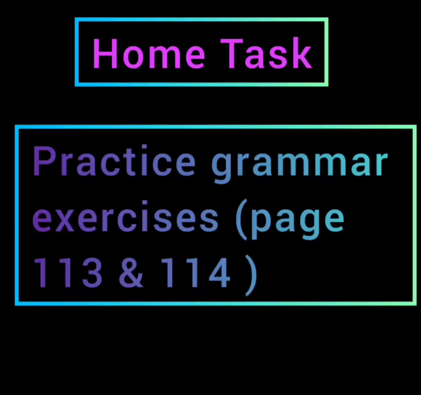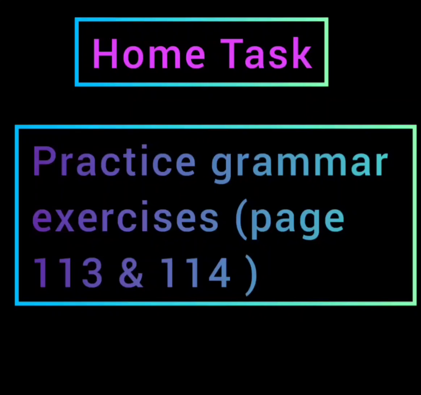So students, to practice coordinating conjunctions, there are some exercises given in your English grammar book, on page number 113 and 114. And if you remember, I have already started discussing that exercise in the WebEx meeting, right? In the online class. And we have discussed A part. So students, after understanding the content from the video lesson, you have to practice the other remaining sentences of exercise A and exercise B by yourself, okay?